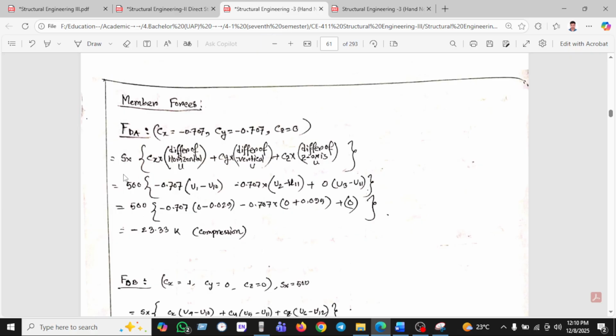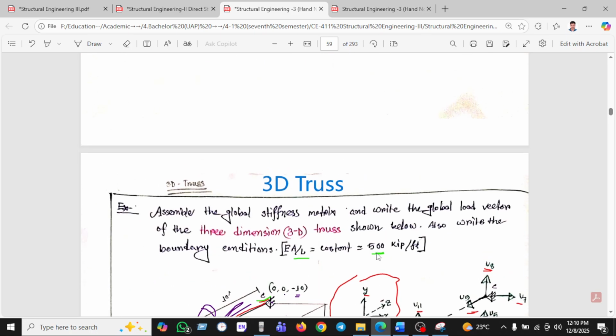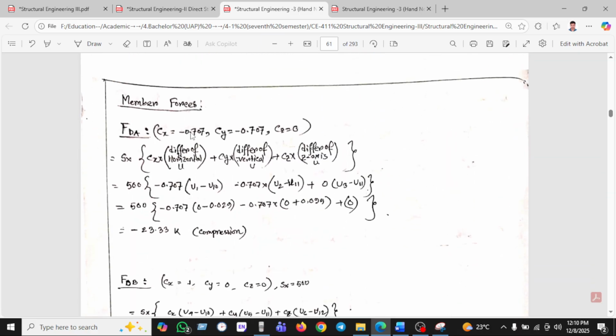The member force is calculated as Sx equal to Cx times the horizontal difference of u. Sx is given as 500 in the question, as shown here, and the Cx value is found to be 0.00, with the horizontal difference of u1 minus u10.